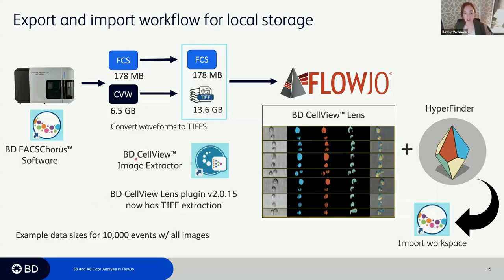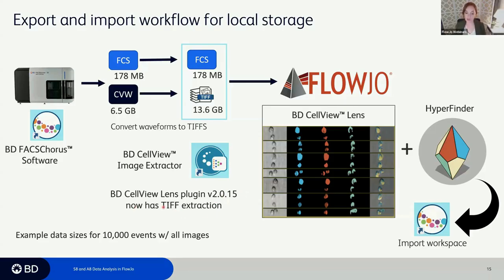Now, if you would prefer to just migrate a single CVW file to some kind of storage location, you can also do the image extraction in FlowJo software version 10 using the CellView Lens plugin. Our newest plugin, 2.0.15, does have TIFF extraction capabilities.